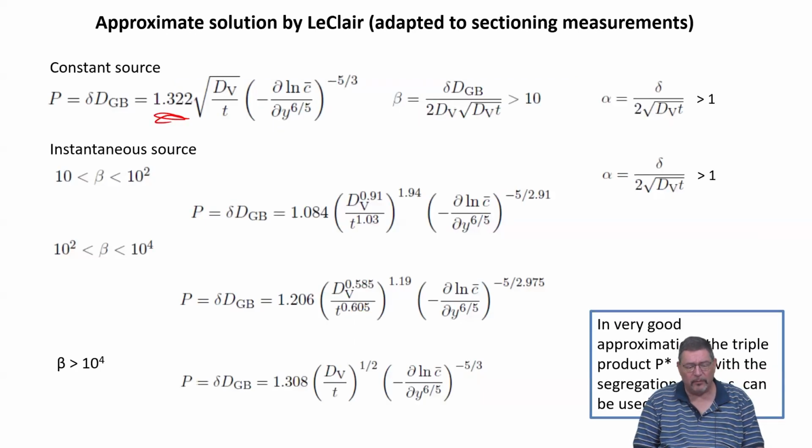Yeah, and then you can get for constant source or for instantaneous source different solutions, obviously, because the boundary conditions are different. And you see you get these so-called Leclerc parameters.